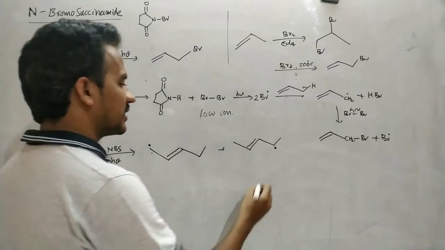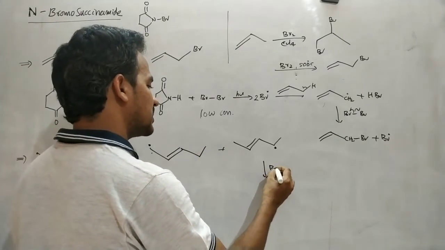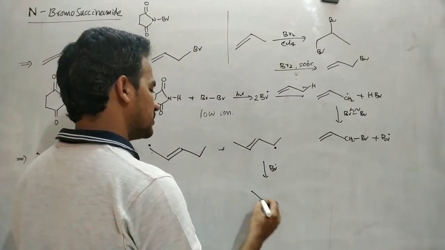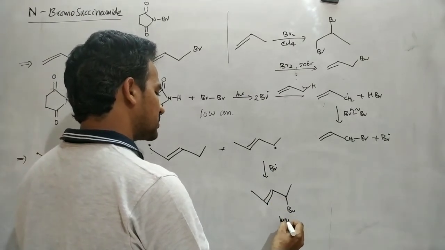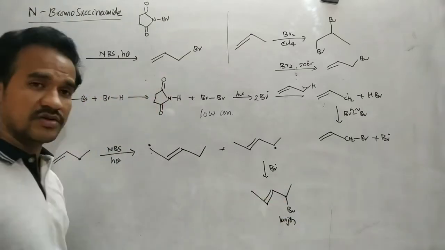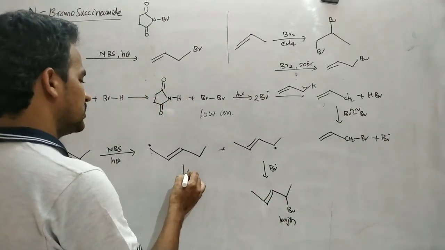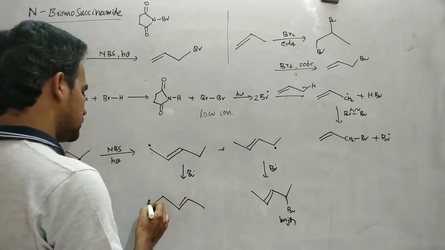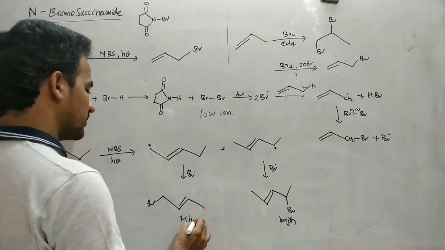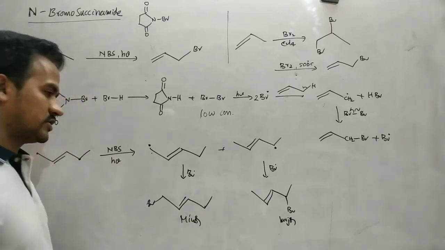The secondary allyl radical is more stable, so the Br radical attacks this one and the product is this one. This is the major product in this reaction. The other one is also attacked by the bromine radical, but this is the minor product.